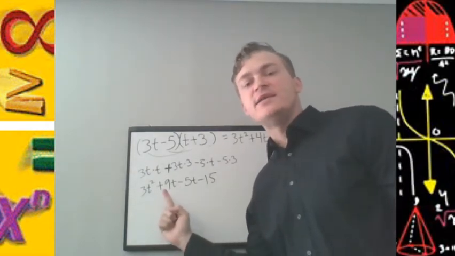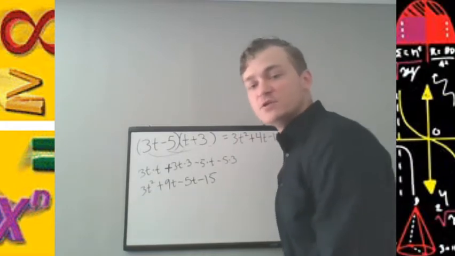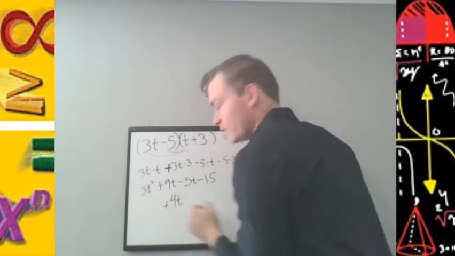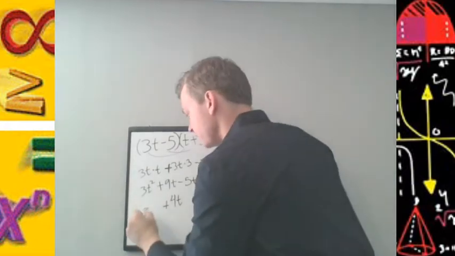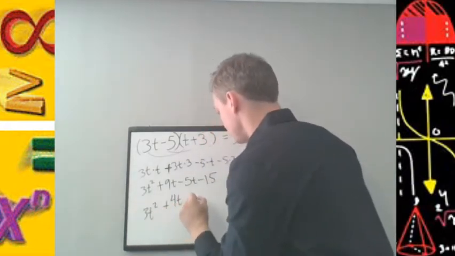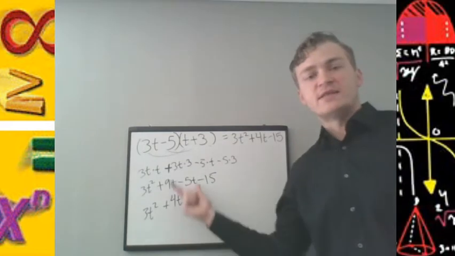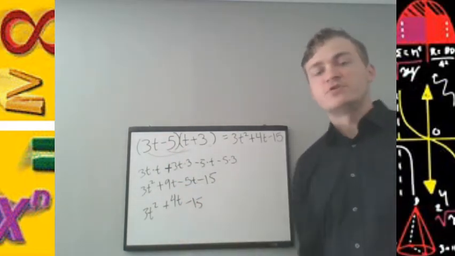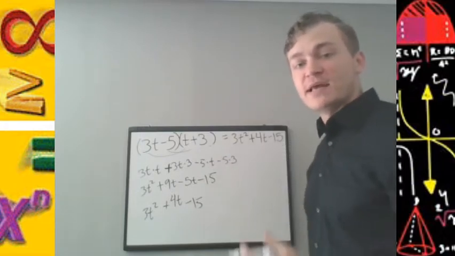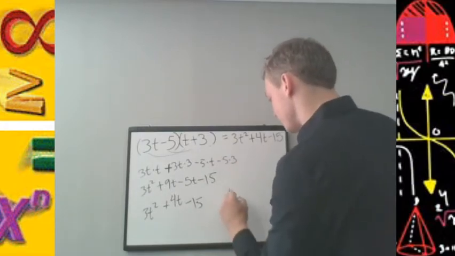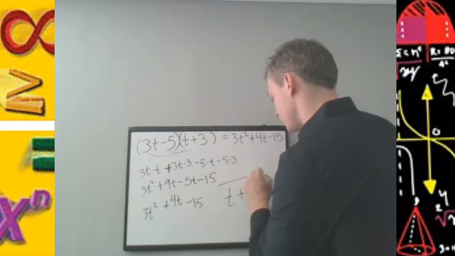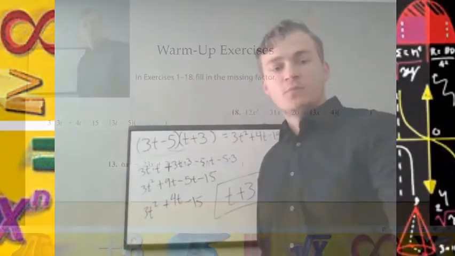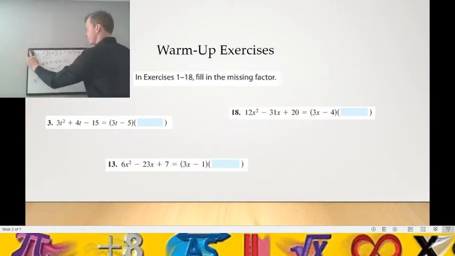I have 9 t's, but I'm taking away 5 of them, so I leave behind 4 t's. Of course, that 4t is positive. Confirming that the product of these two factors does in fact equal the trinomial present. Confirming that the missing factor is t plus 3. We'll look at the second example there.